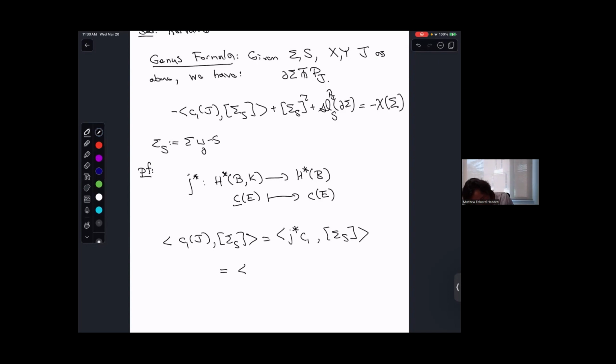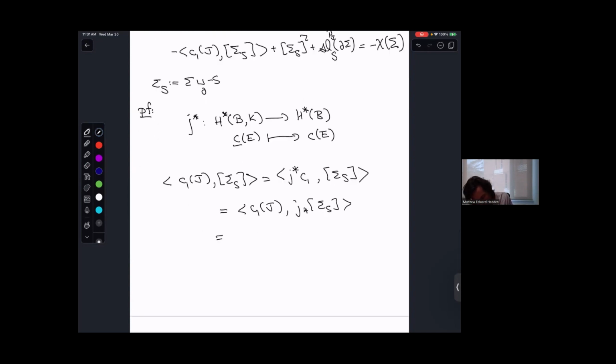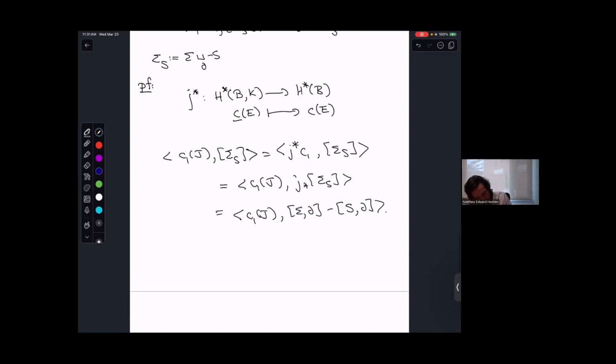Now I can take the adjoints. I have c1 of J, or c1 of X, evaluated on the pushforward of sigma union minus S. So this is the pushforward, an absolute homology class mapping into relative homology classes, and this will map to the difference of these classes.